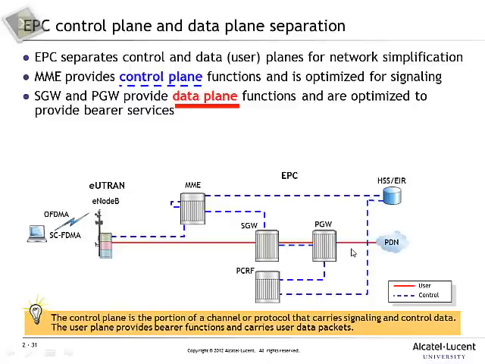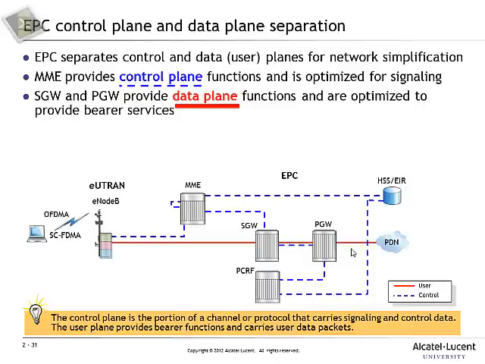Again, if we go back to this diagram which we saw earlier, we have two planes, the control plane and the data plane. The data plane, shown in red on this slide, essentially goes from the eNode B through the serving gateway, through the packet gateway to the external network.